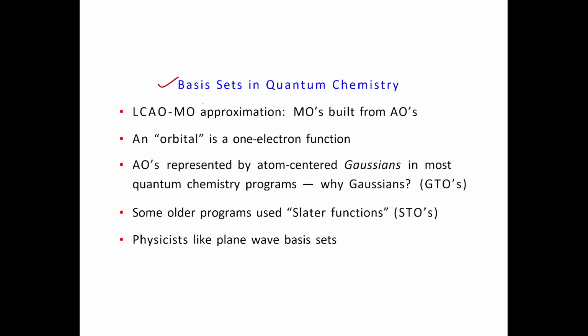Now, basis sets in quantum chemistry: LCAO-MO, the linear combination of atomic orbitals and molecular orbital approximation. So MOs are built from AOs.